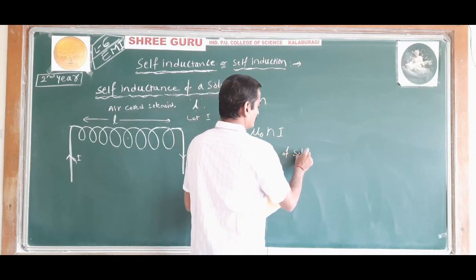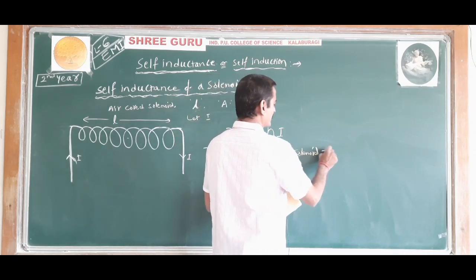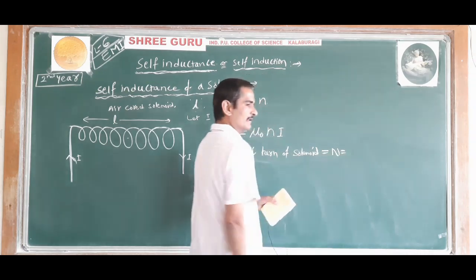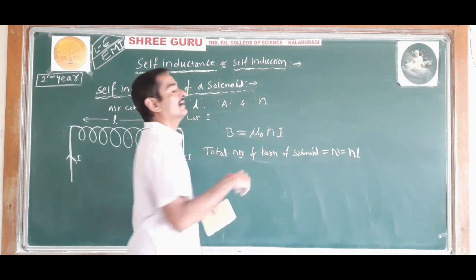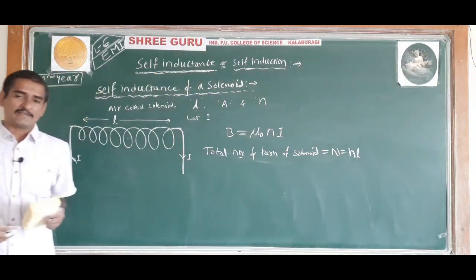Now the total number of turns of the solenoid, that is capital N, is equal to n into L, whereas small n is the number of turns per unit length.